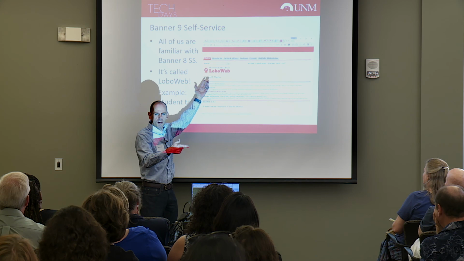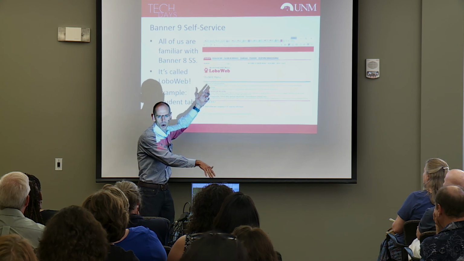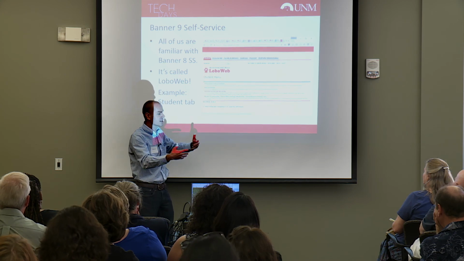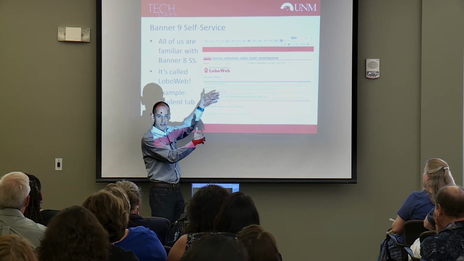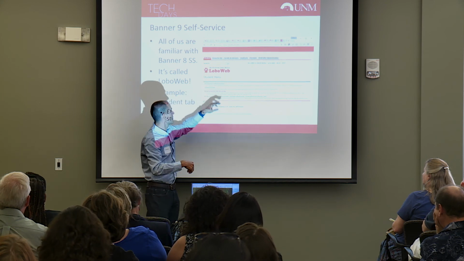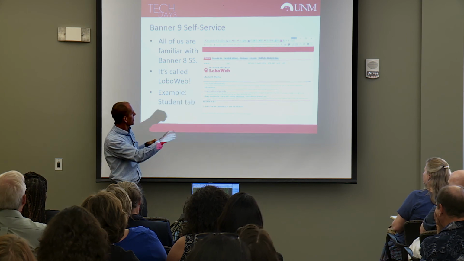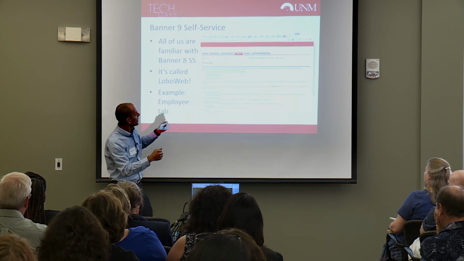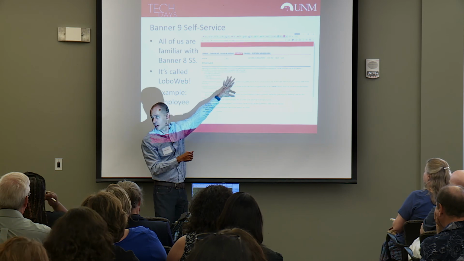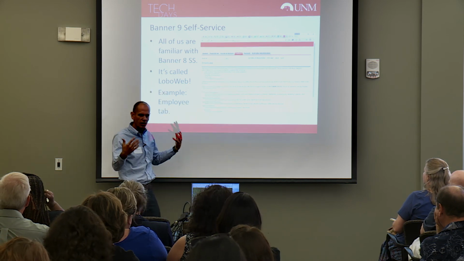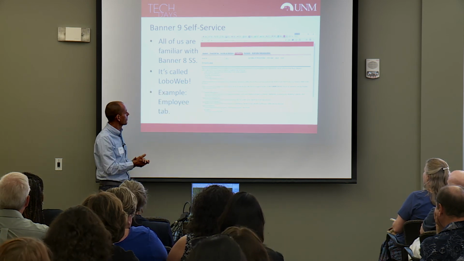Our rebranding of Banner 8 self-service is LoboWeb. So LoboWeb is Banner 8 self-service. But all of this stuff connects to the same database. This is the student tab within Banner 8 self-service. Next slide, please. This is the employee tab of Banner 8 self-service, where we go to check our leave balances and stuff. Next slide.